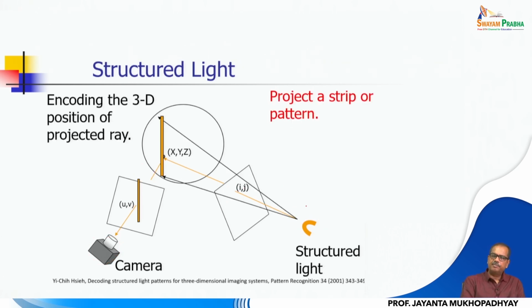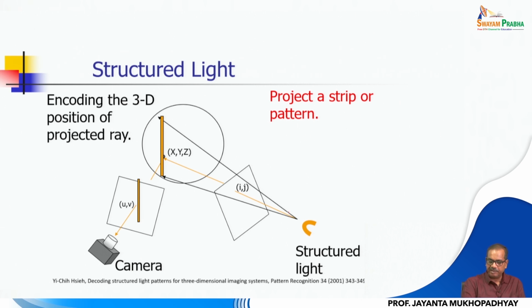Now, the same principle is used in a more efficient way, where instead of transmitting a single light beam from this light source, we are projecting a strip of pattern. That means a strip of light.